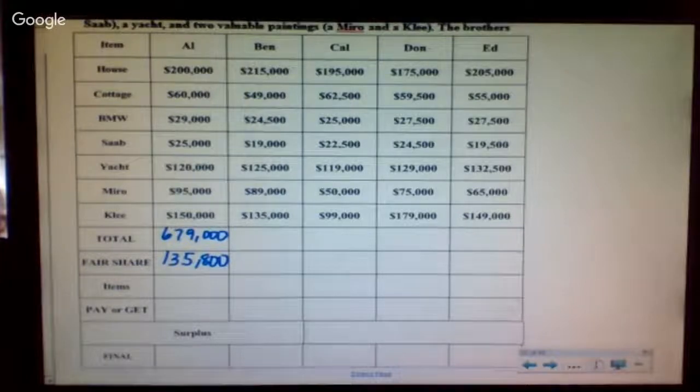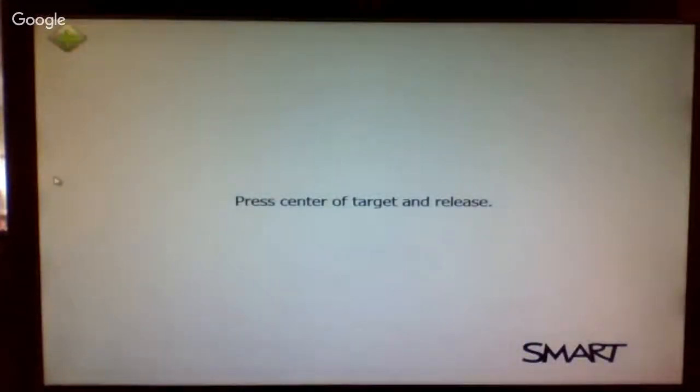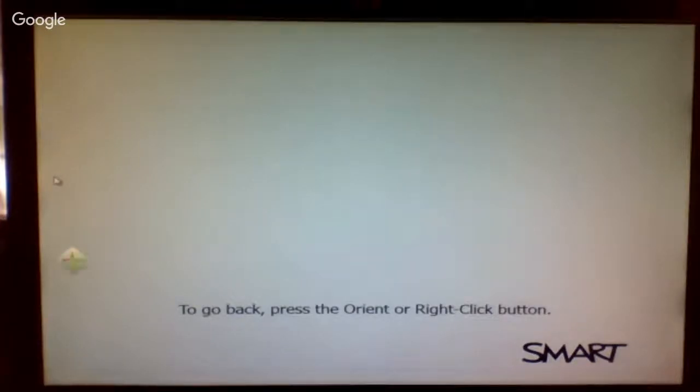While you guys are working, I need to readjust this again for the 13th time today. Don't worry, Al walks away with a crap ton of items too. He should, I think, three total.